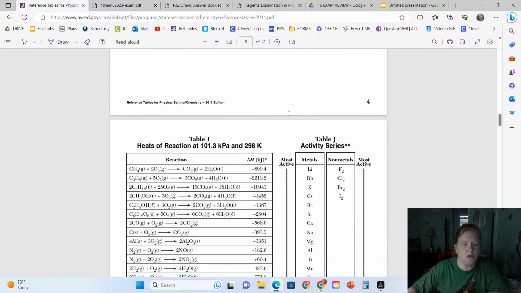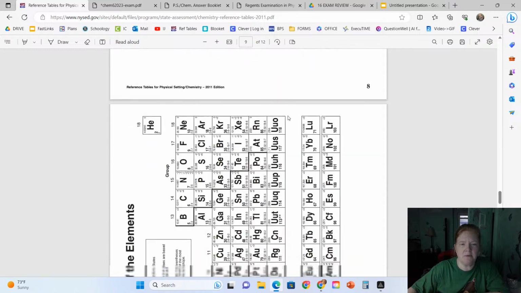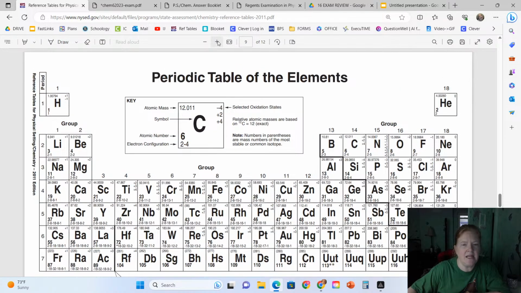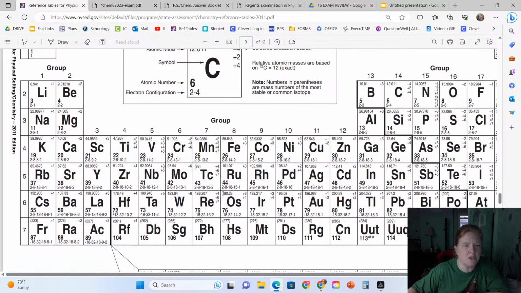On the reference table, let's go to the periodic table. However many protons an element has indicates what the charge of its nucleus would be. For example, magnesium has an atomic number of 12, so it has 12 protons.